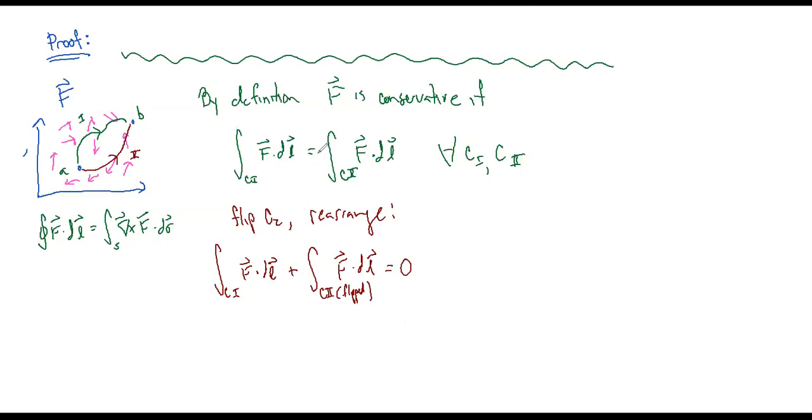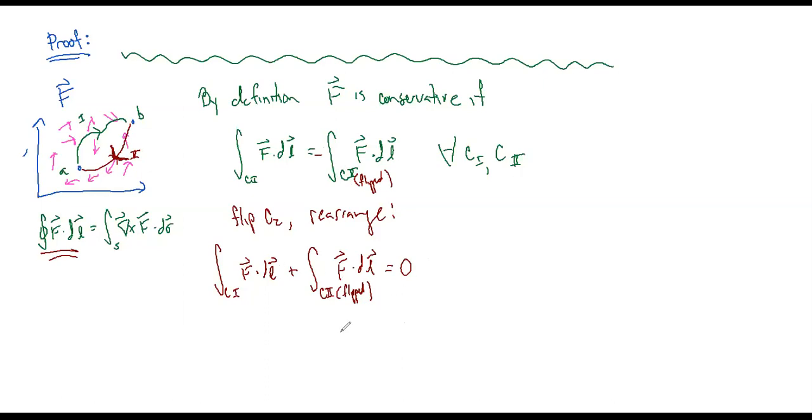So we flip the limits of integration, which gave us a minus sign, and then we put it on the other side, so we get this. And now all I have to do is flip that arrow. And now voila, I have exactly this thing on the left-hand side. I have a closed contour.